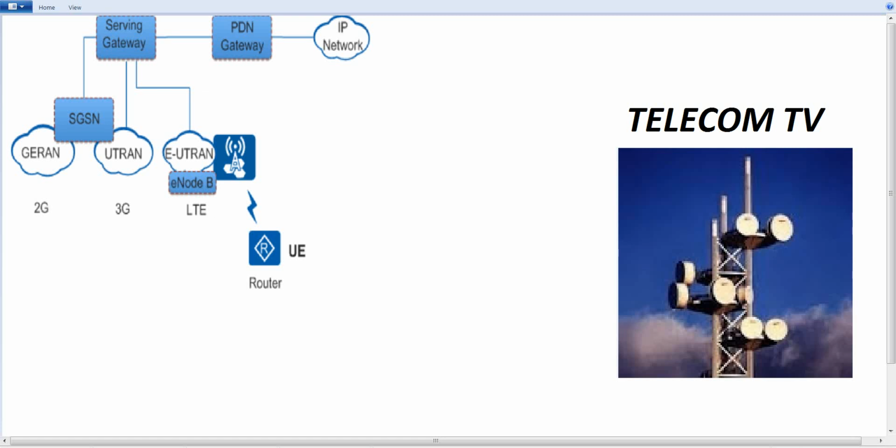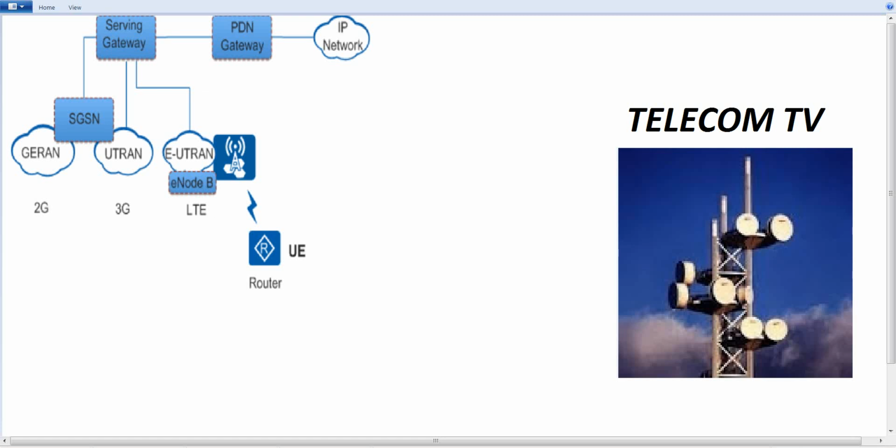Basically there will be a high data transmission rate, and LTE is going to provide a downstream peak of around 100 Mbits and an upstream peak of around 50 Mbits. So the data rate is going to increase, and we'll have improved spectrum efficiency as well, and increased network flexibility.